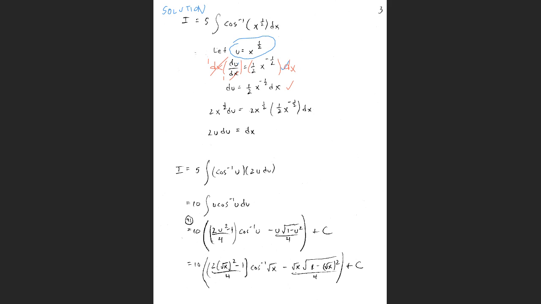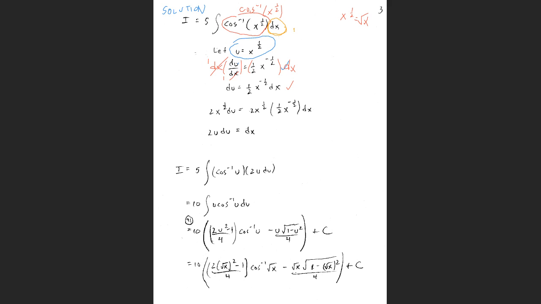And if we look at our integrand up here, we have the arc cosine of x to the half power. So of course, x to the half power is the square root of x. The question is, what's dx?